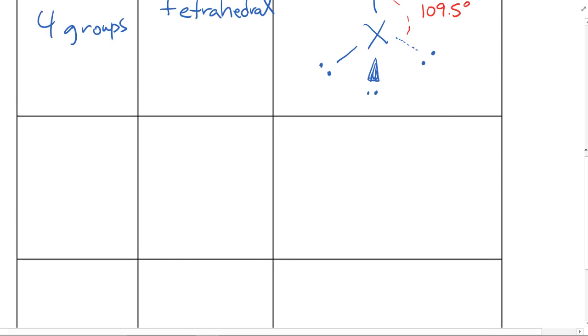Now if we go on to 5 groups. 5 groups. I'm going to go ahead and put another balloon here into the mix. There we go. We'll go ahead and tie this up.